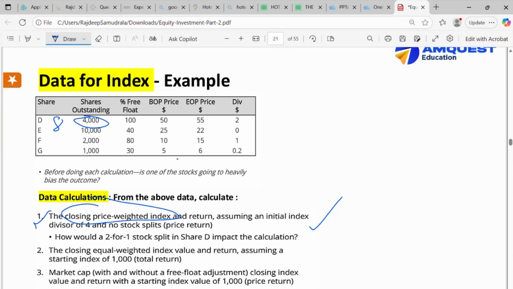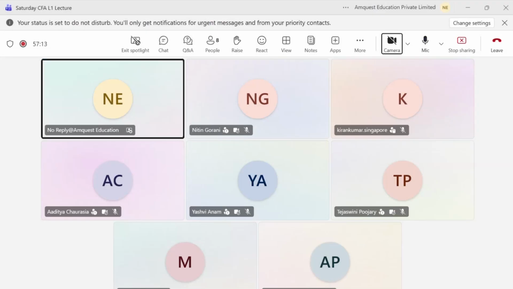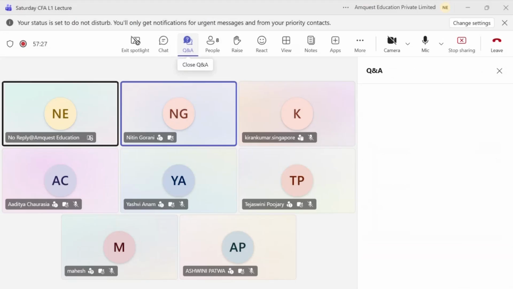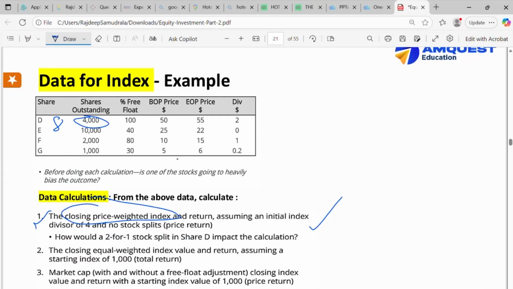They gave you the float, the opening price, closing price, and the dividend income. So what would be the effect of a stock split? Answer if you can, I'm looking at the chats. Think of it carefully. What will be the effect of a stock split? Stock split from 2 for 1, right? So if 4,000 would become 2,000?